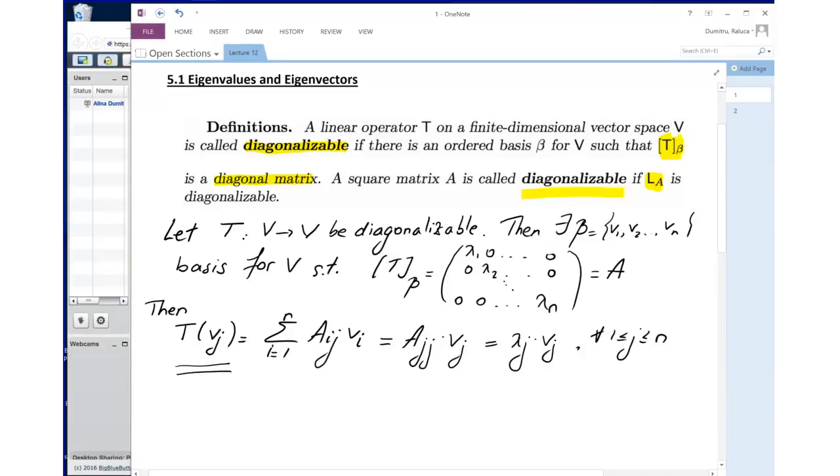The vectors have this property, which turns them into what we call eigenvectors for a linear transformation or a matrix. Note that the vectors will have to be non-zero. They have to be non-zero because they are part of a basis. A basis cannot contain the zero vector, otherwise it would not be independent anymore.